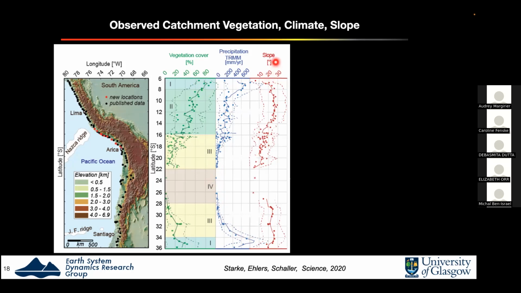When you look at the average slope angles, same convention on both these plots. The dot is the average slope for a catchment. The dashed lines are the 2 sigma variation, and then a moving average fit through that. The slopes don't show as much variation with latitude, consistently around 20 degrees with some more local anomalies going on in different places here.